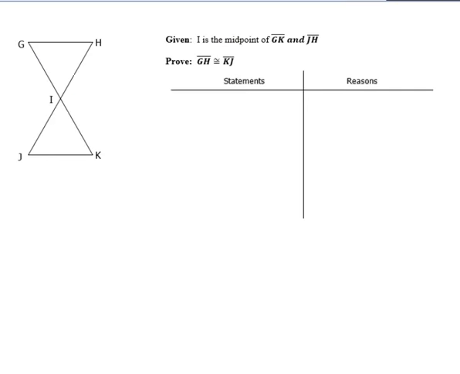All right, let's take a look at one last proof. So we've seen this one a couple of times. I is the midpoint of GK and JH, so that's our given. So knowing that I is a midpoint, midpoint cuts the segments in half, so GK gets cut in half.